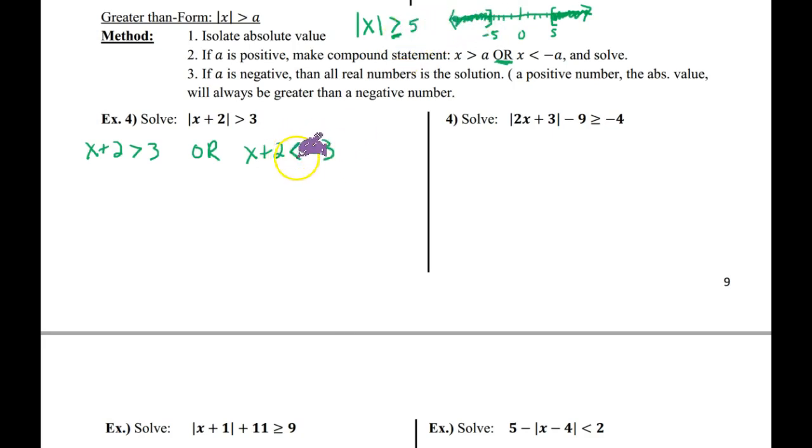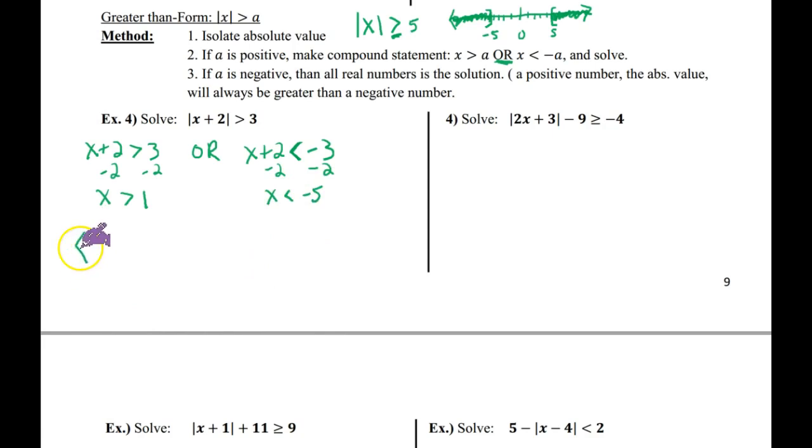That's why I have to flip the direction here. Also, I've added a negative, so it flips the direction of my inequality. Okay? And then I solve these separately. So subtract 2, subtract 2. And I have x is greater than 1, or x is less than negative 5.